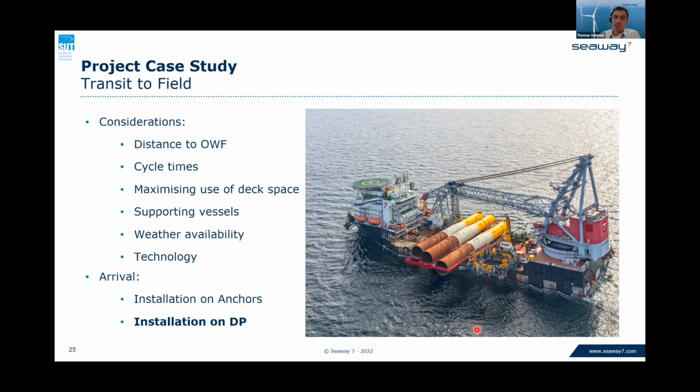And that just means there's less vessels required, like anchor handler tugs, to install anchors, and it also reduces that amount of work that comes with installing anchors and removing them.